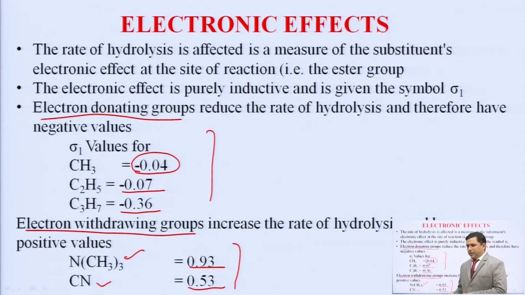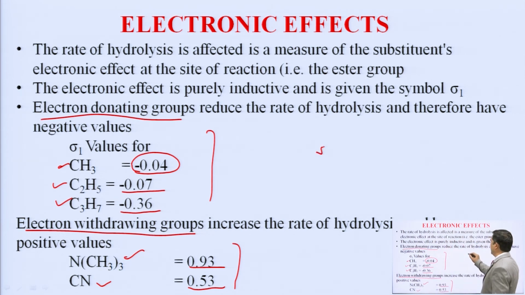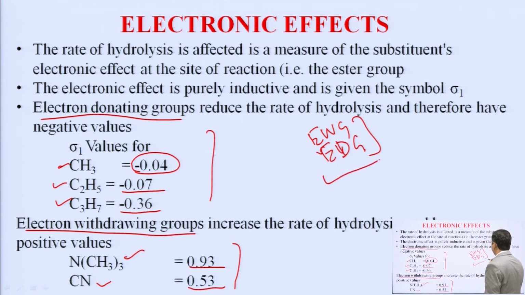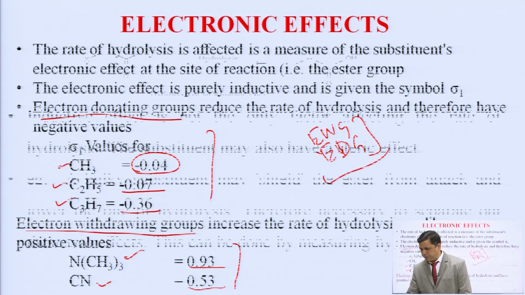And if we want to reduce the rate of hydrolysis, then electron donating groups like CH3, C2H5, C3H7 are chosen. So, electron withdrawing and electron donating groups play a very important role in quantitative structure activity relationships, basically in the electronic parameters used in QSAR.